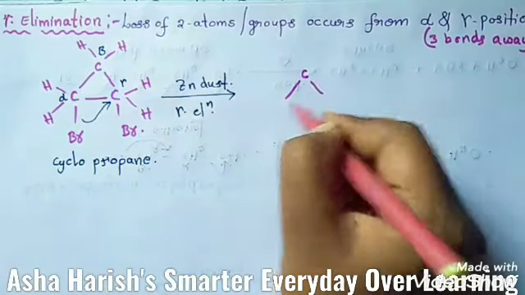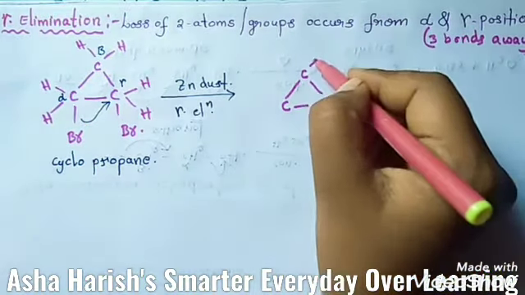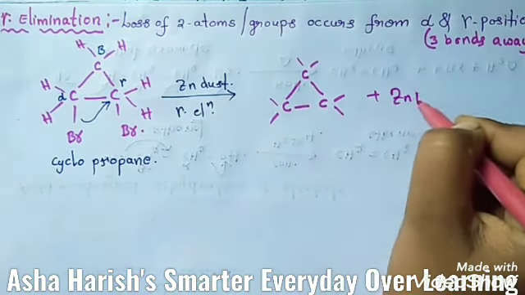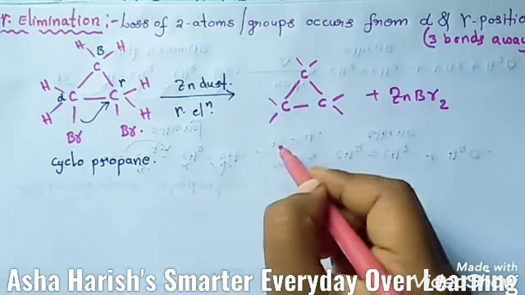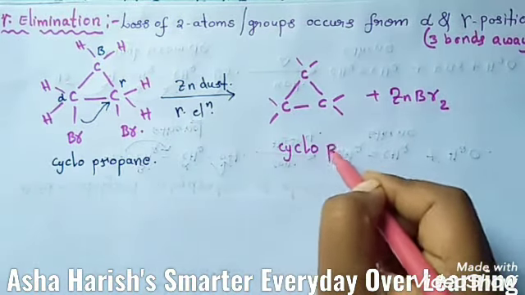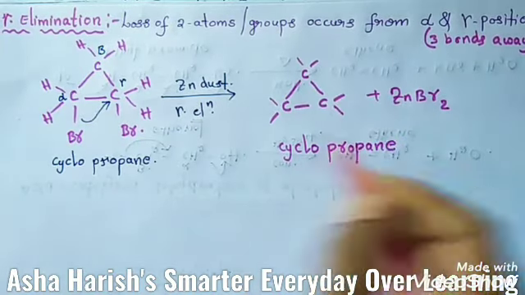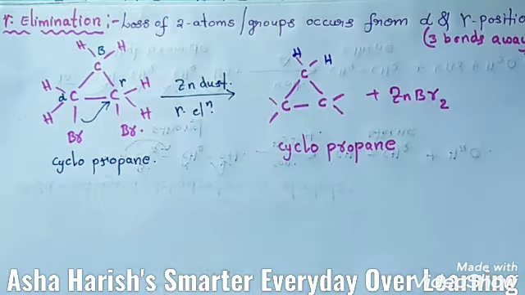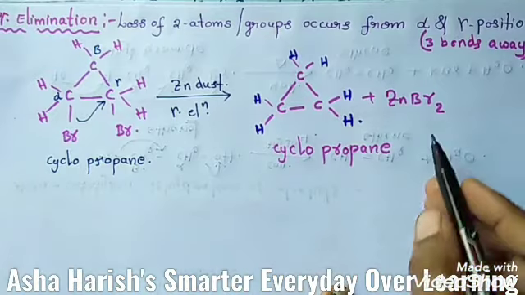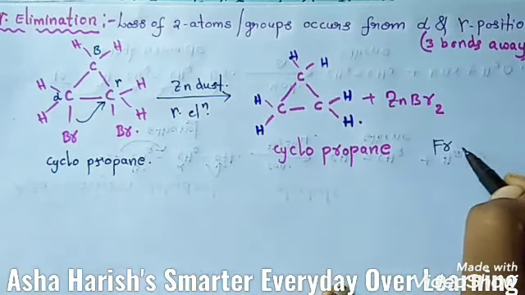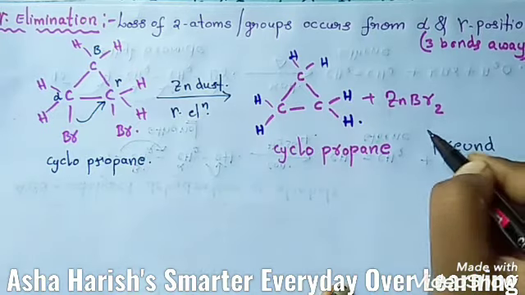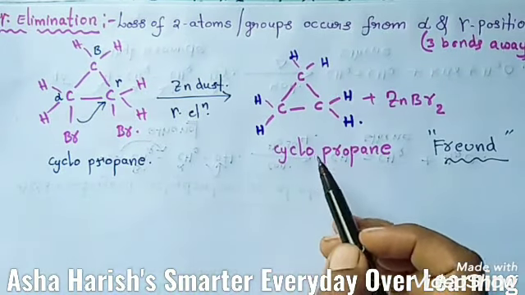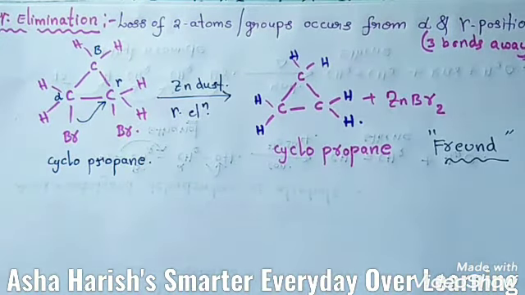So here is the carbon, here also a carbon, and as usual these are the hydrogens, plus ZnBr2. Here is cyclopropane. This reaction is called the Freund reaction, and is extensively used for the synthesis of 3-membered rings. Okay, this is about gamma elimination.